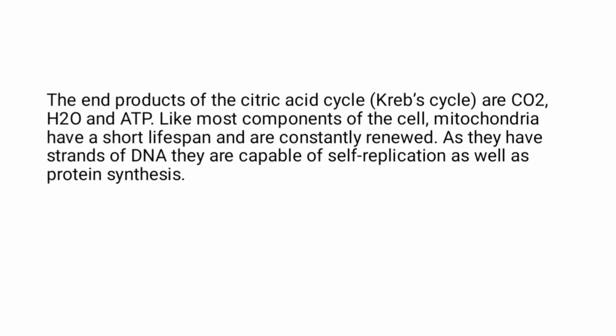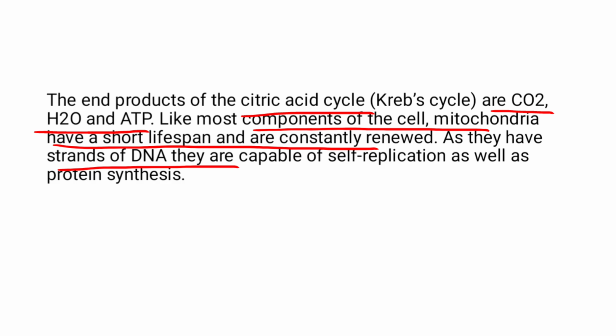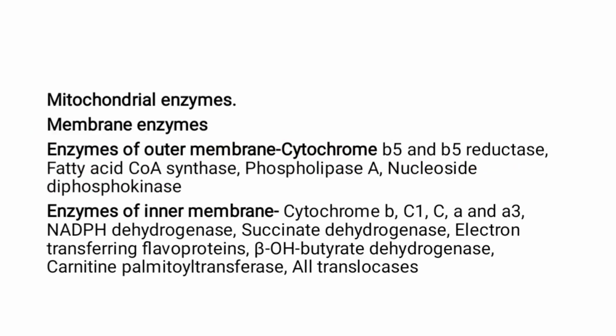The end products of the citric acid cycle, that is the Krebs cycle, are carbon dioxide, water, and ATP. Like most components of the cell, mitochondria have a short lifespan and are constantly renewed, as they have strands of DNA and they are capable of self-replication as well as protein synthesis.